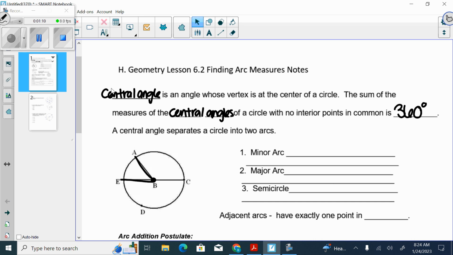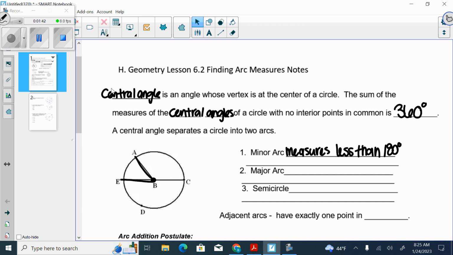Okay, so within our circle, we can have three different kinds of arcs. The first type is a minor arc. These all get their names based on how many degrees they are. So a minor arc is going to have a measure less than 180 degrees. We also have a specific way to name each one of these types.